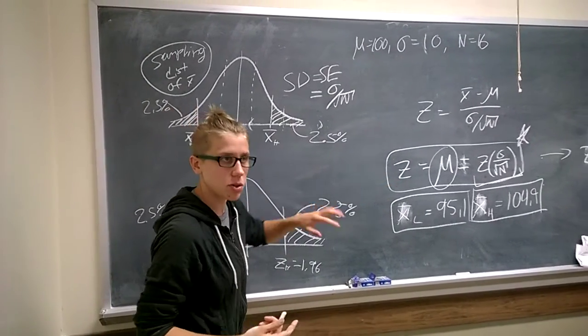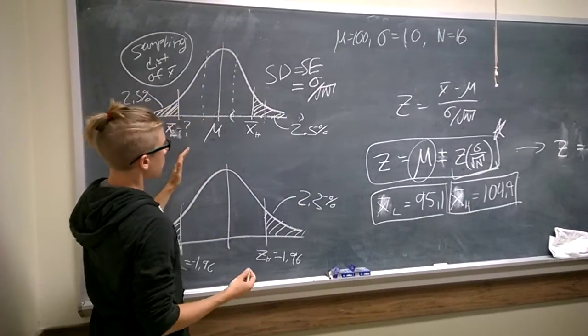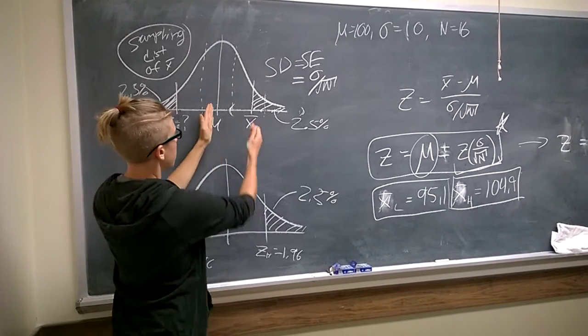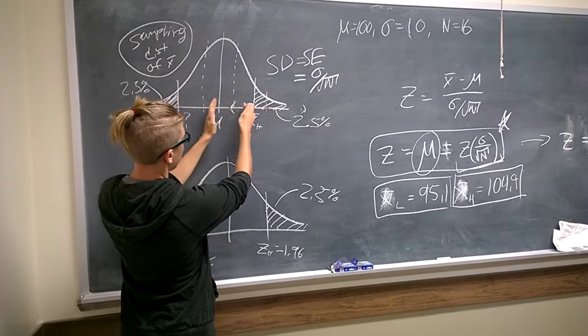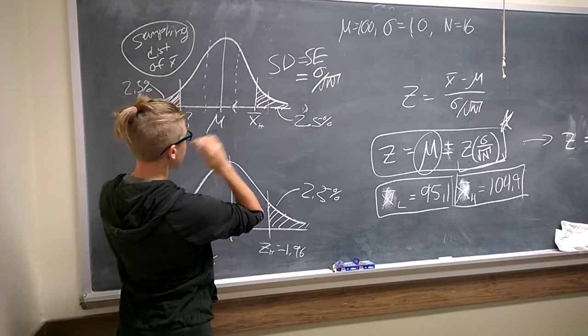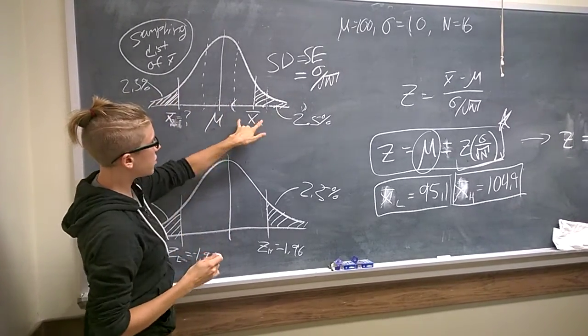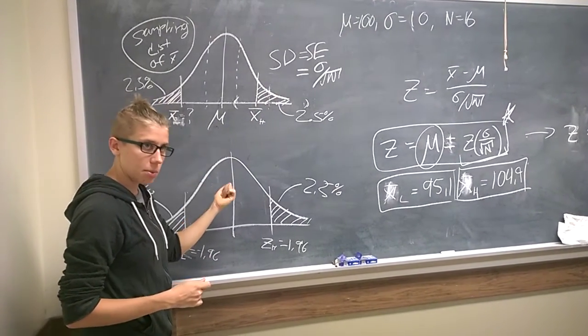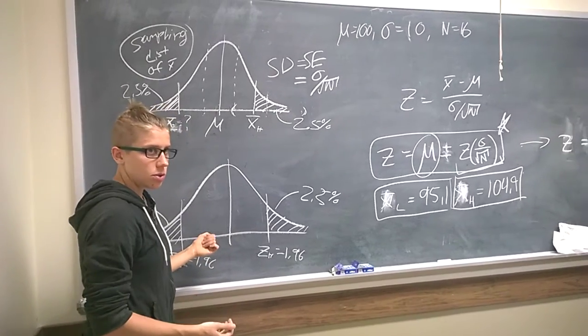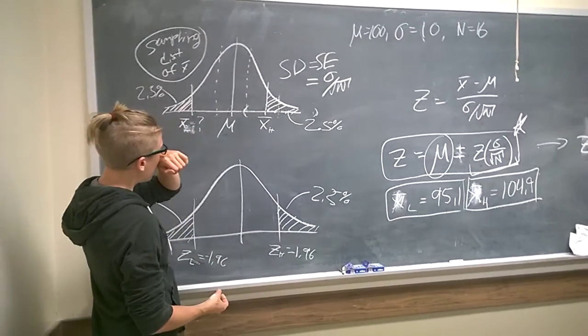You can look at the numbers and they work out too. But because this is the same whether it's here or here, this interval centered out here would not contain the true population mean. Do you see? Yes. Okay.